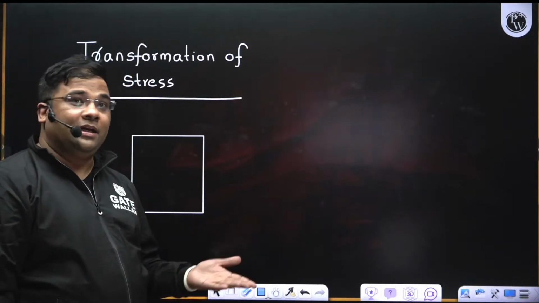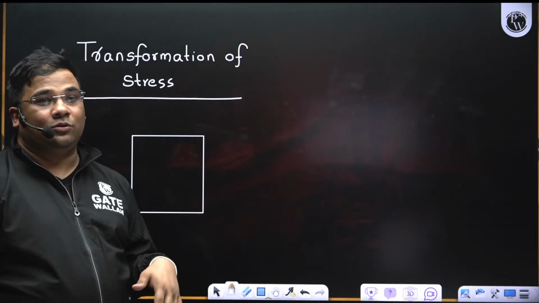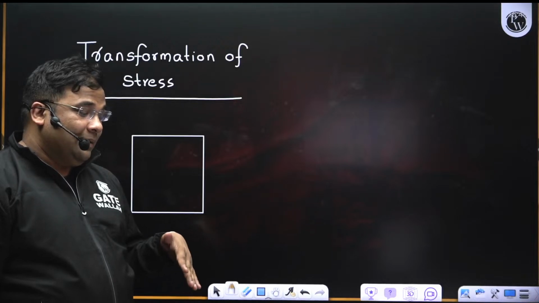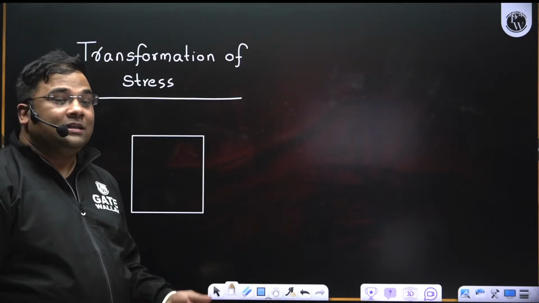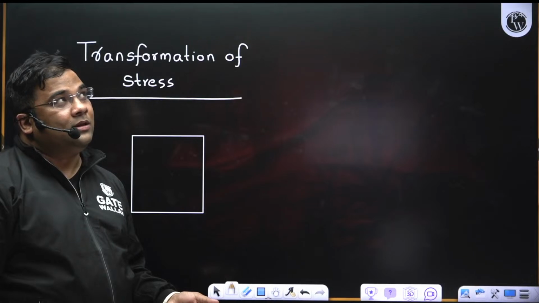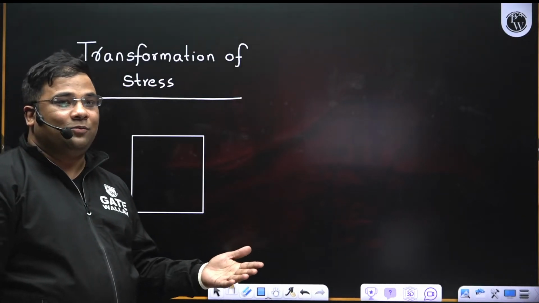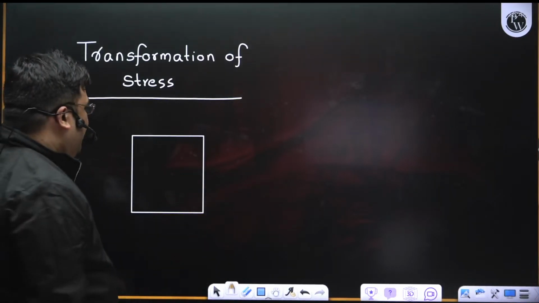Otherwise, what will happen? Then Mr. Samuel will tell me to please tell the other sign convention also. Then he will ask me to teach the entire strength of material, the entire deformation of bars, the entire shear force bending diagram. So let us wait some more time because we have got so much time.